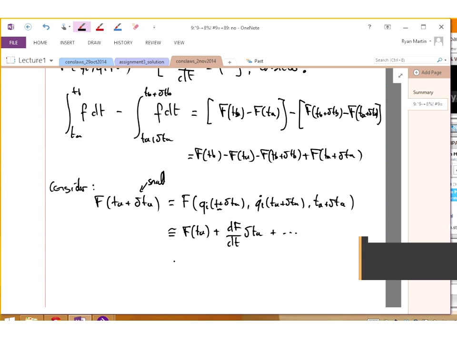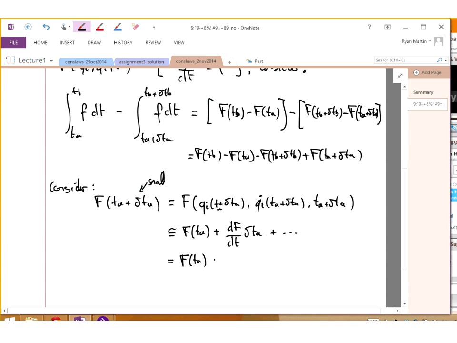So I can also write that as capital F of Ta plus dF by dt times delta t evaluated at Ta.